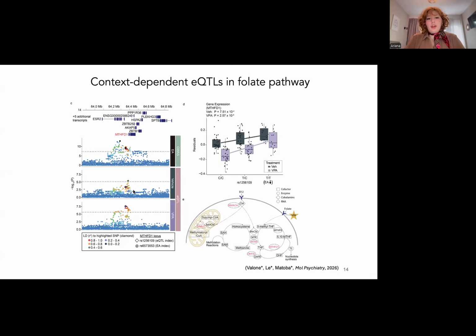The other thing they did was look at these eQTLs and do something called colocalization with GWAS. Here, the genetic variant that is susceptible to valproic acid also colocalizes with a genetic variant associated with educational attainment. This particular case is MTHFR, a gene involved in folate metabolism.